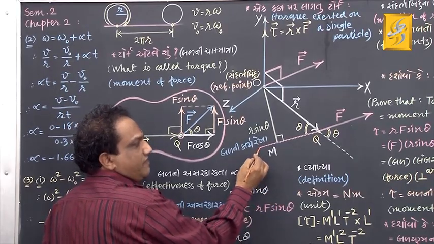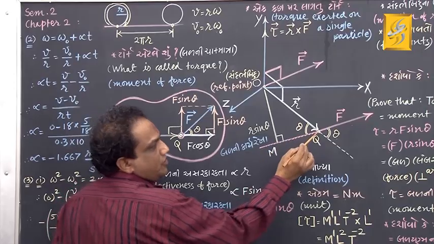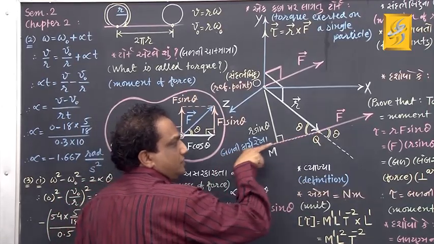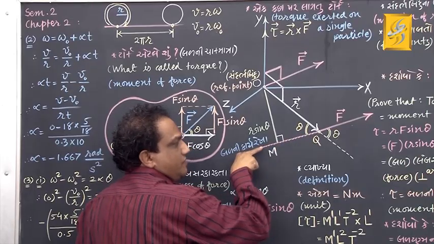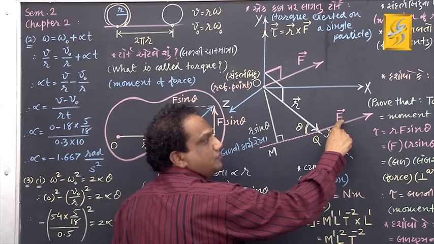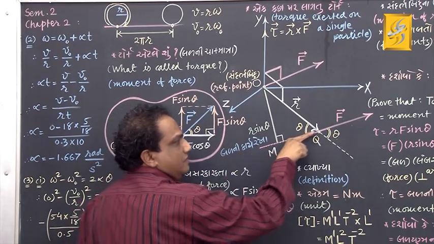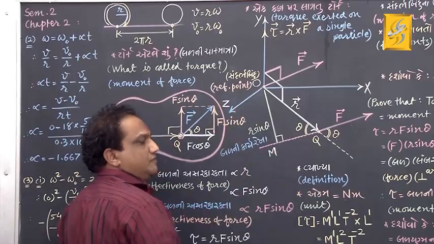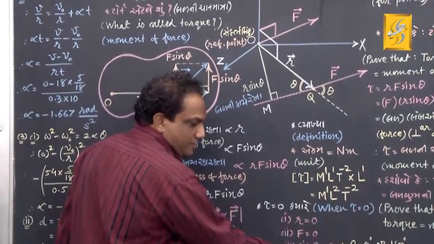Then with respect to this reference point, what is the position vector of this particle? It will be this way, correct? And this way means what? In the same direction as that of the force. So at that time vector r and vector f, they both will be in the same direction. So theta will be 0 degree.